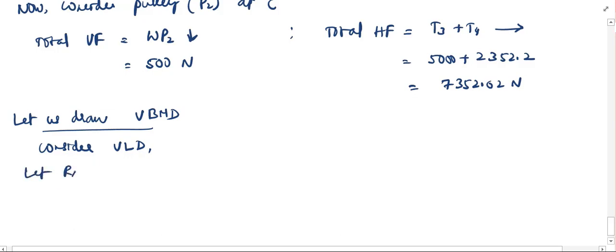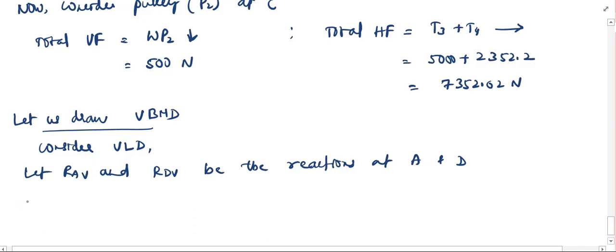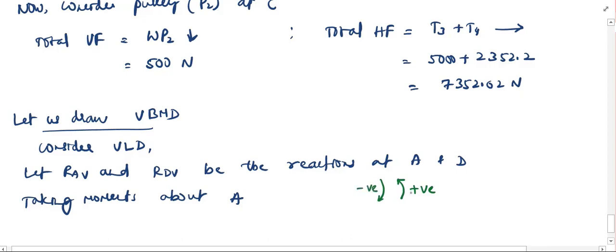Let RAV and RDV be the reactions at A and D. Therefore, taking moments about A. Any moment which is going in the counterclockwise direction is considered positive, and any bending moment which is going in the clockwise direction is considered negative.